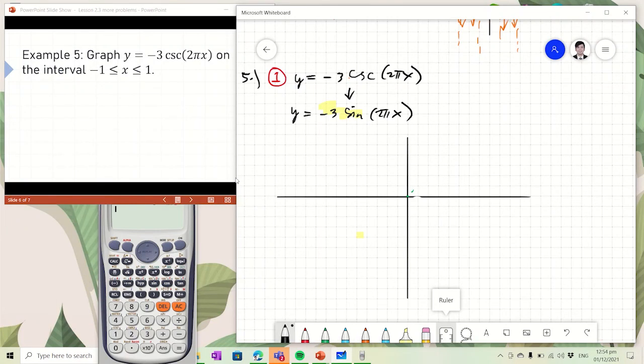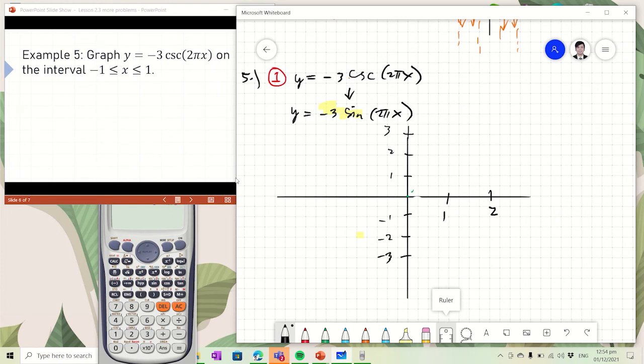So, label muna tayo. 1, 2, 3. -1, -2, -3. 1, 2, 3. Then, don't forget 1, then 2.